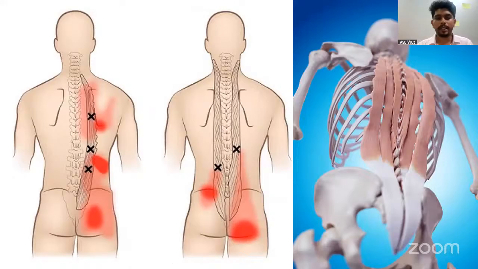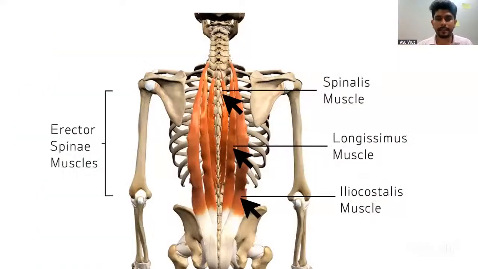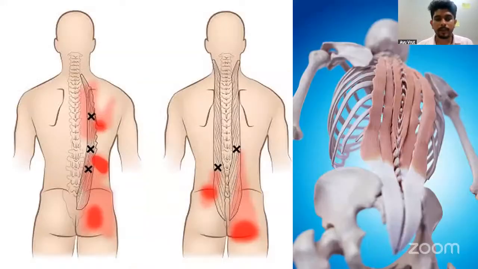So how to clinically correlate is my topic, right? So we know this anatomy. The patient usually comes with pain in certain areas where I have marked crosses in red color. It shows the center of pain.